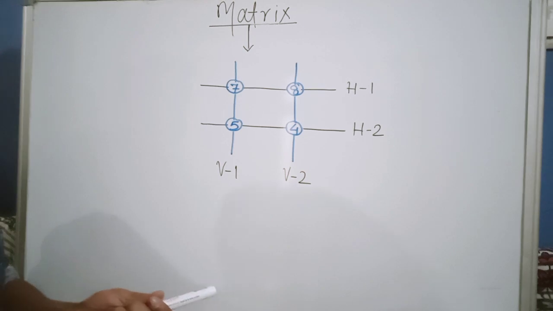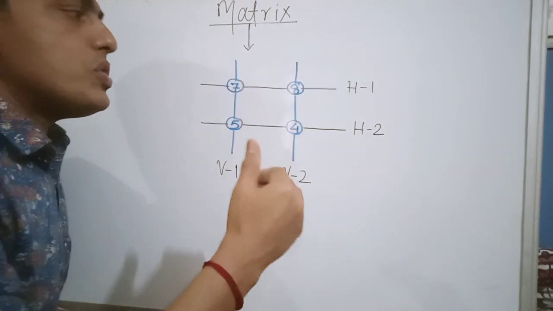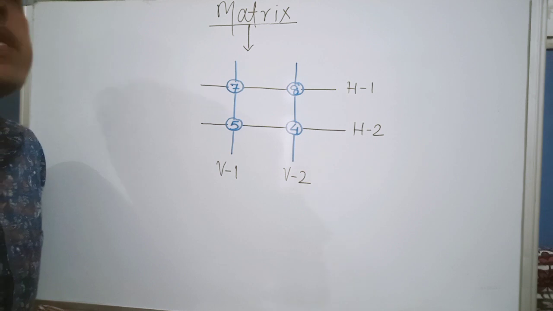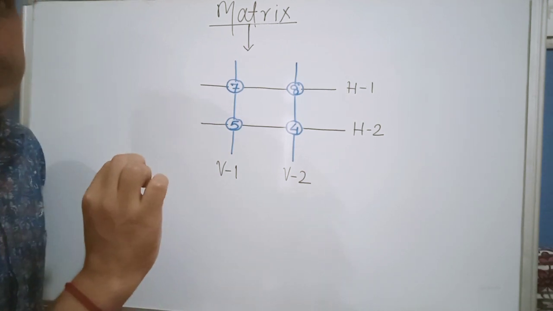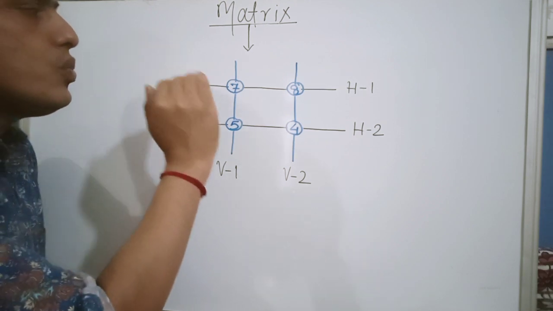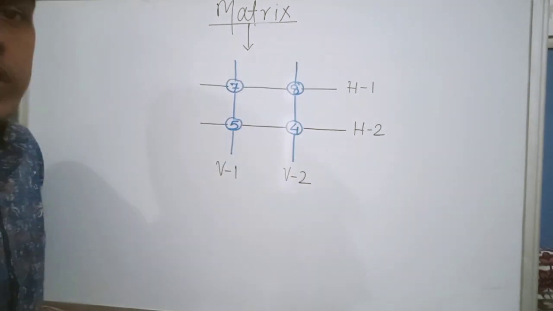So wherever these horizontal and vertical lines are intersecting each other, we have used few numbers, and I used those numbers like this only.